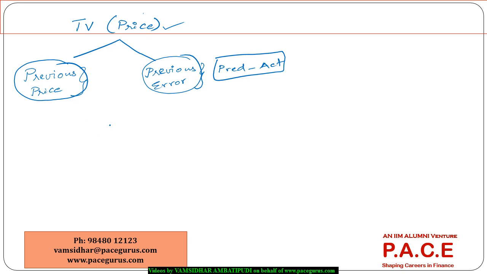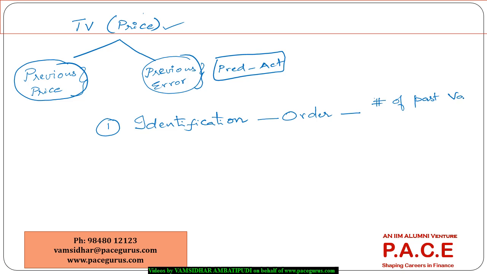So here we talk about three stages. One, from my historical data, I should be able to identify an appropriate model. When I say identification here, I am basically determining the order of the model. So I have to find out the number of past values on which the current value is depending, and also the number of past error terms the current value is dependent upon.